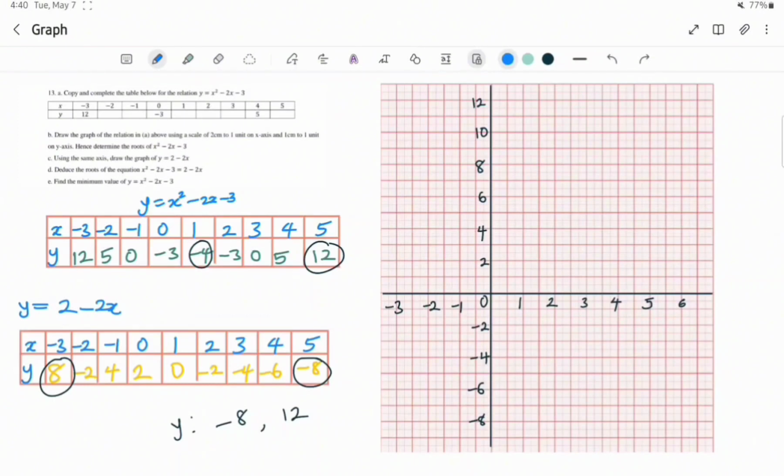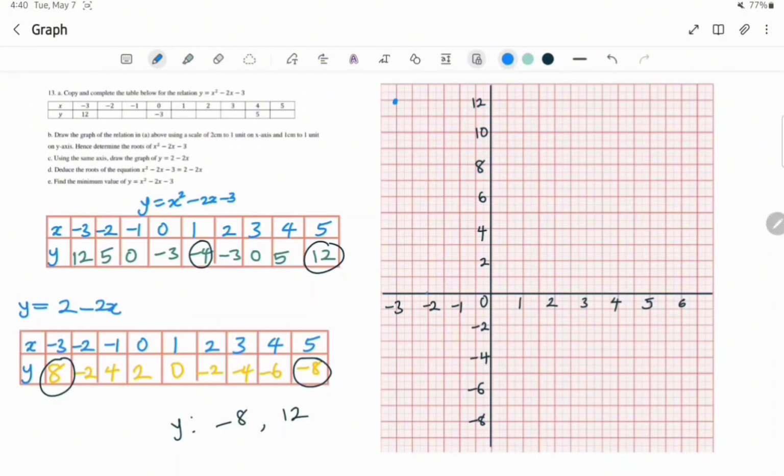For the quadratic graph, when x is -3, y is 12. So this is x at -3 and this is 12, right? So this is the point of intersection. When x is -2, y is 5.